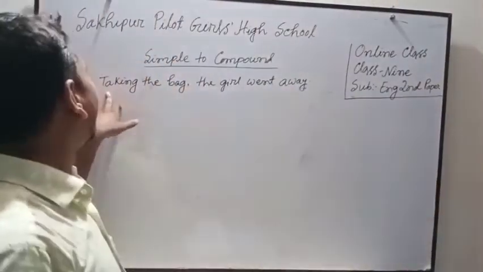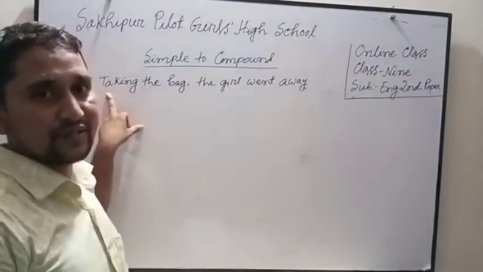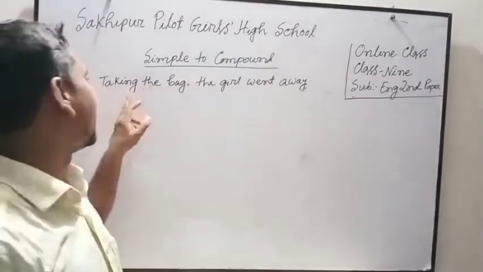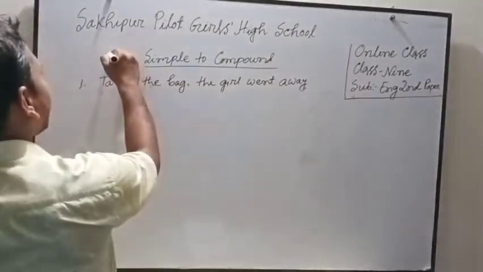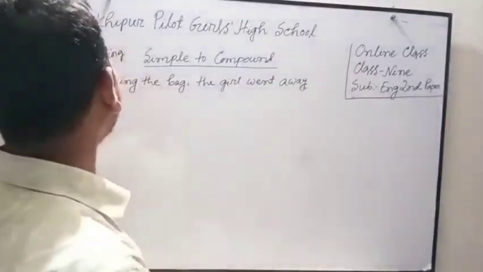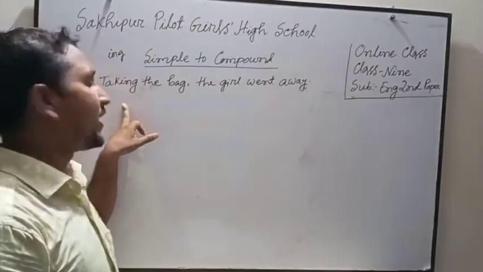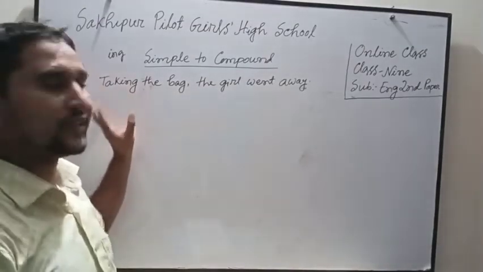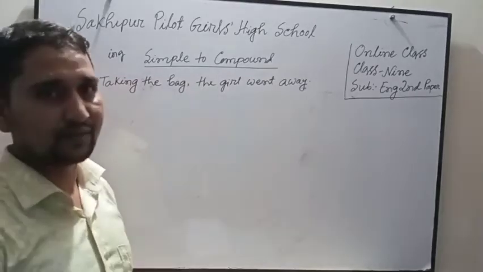Here, taking is a present participle, the ing form of a verb. That means ing is added to the base form of a verb and it acts as a verb and at the same time as an adjective. That is called a present participle.